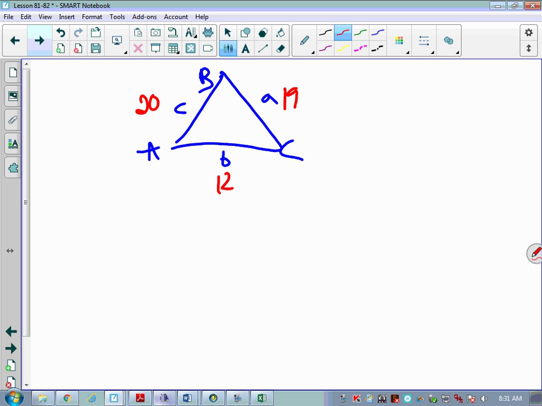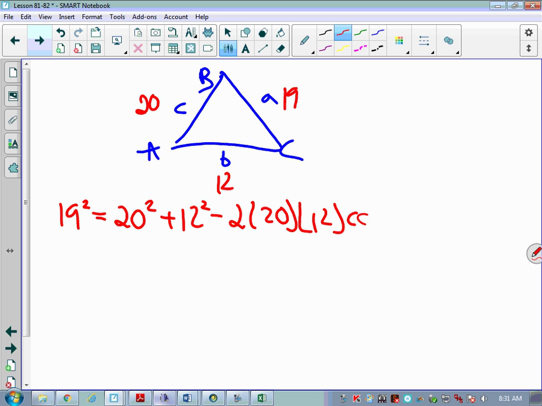So I'm going to start off with A. So we have 19 squared equals 20 squared plus 12 squared minus 2 times 20 times 12 cosine A.